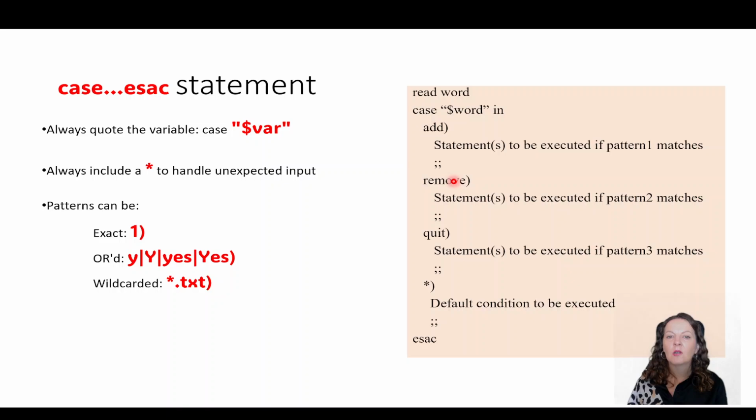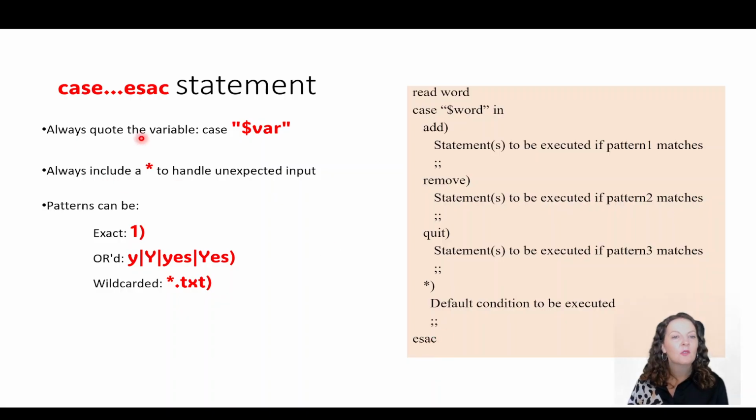If that variable word is remove, then it will do whatever my next set of commands are. If the variable the user put in is quit, then it will exit, thank you for working with my system, hope you liked it, and gone. And there's my asterisk, my default for anything else. And there's my esac, case spelled backwards.